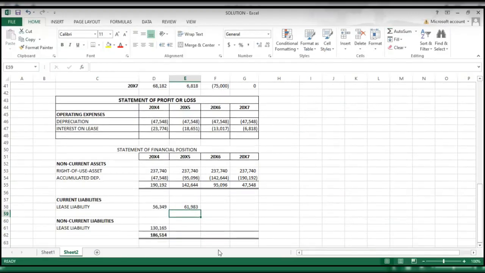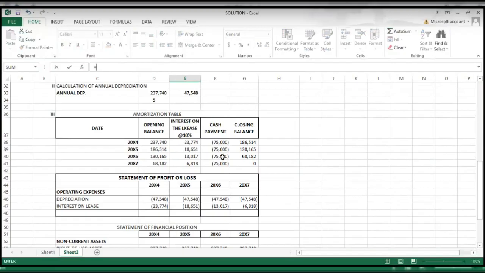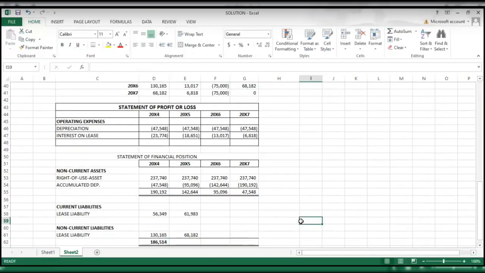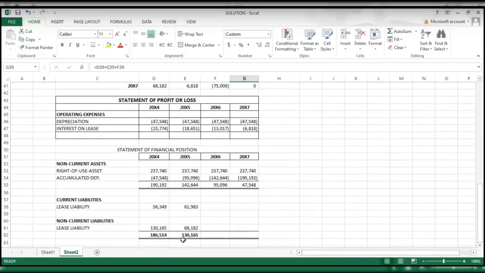The non-current liability will be the amount that will be outstanding beyond 1 year's time. When we total this one also, it's going to give us the closing balance of the liability at the end of 20X5, which is 130,165. You can see how I'm moving and doing my computation. That's how you are going to be splitting it.